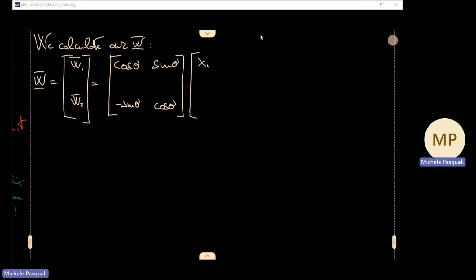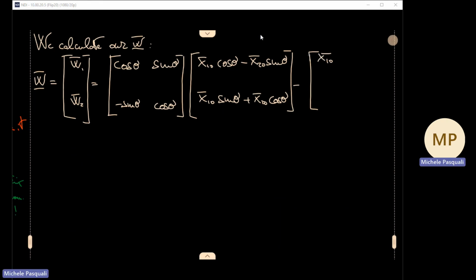So we can write it like this. Okay, minus x1 over bar, x2 over bar.